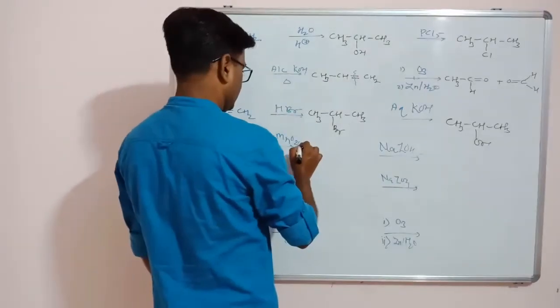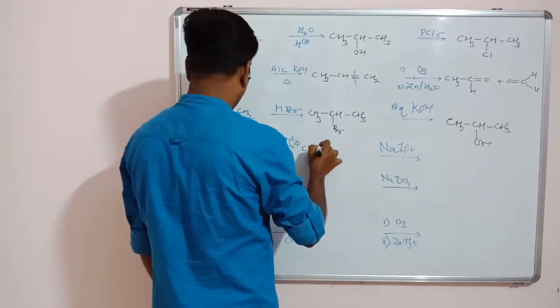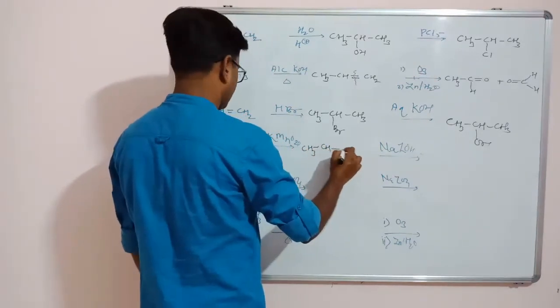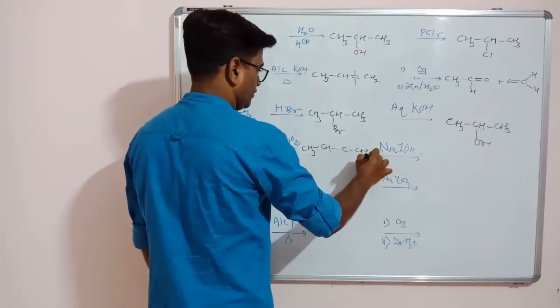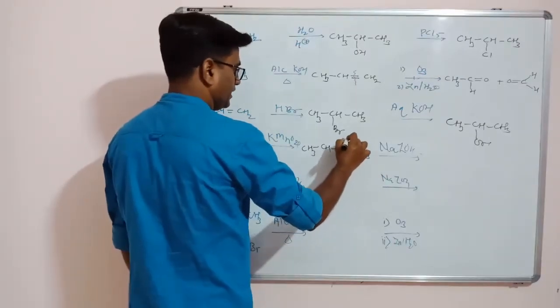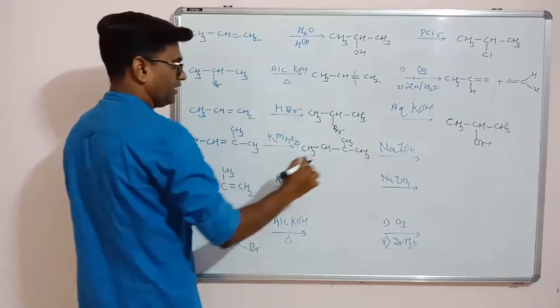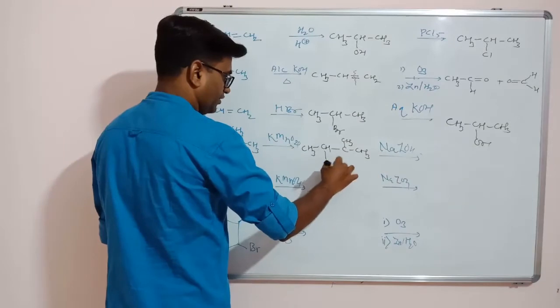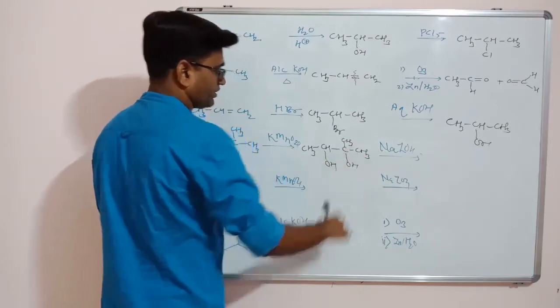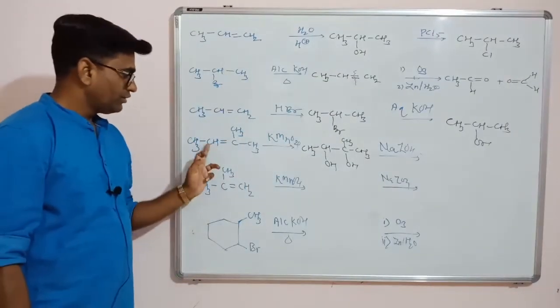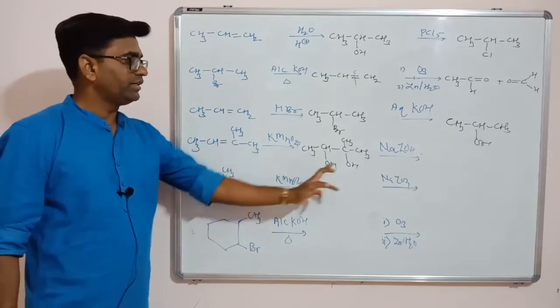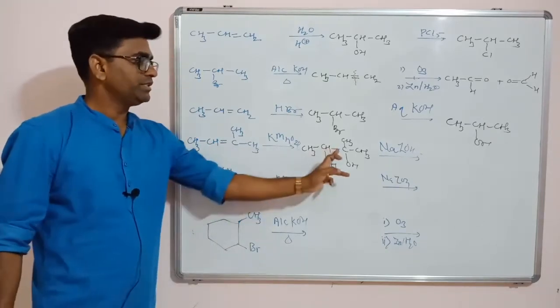So see the product, CH3 CH, double bond becomes single bond, CH3, here will be CH3, this previous one, this carbon will get hydroxide, this carbon will get hydroxide. So each double bonded carbon will get one hydroxy group, double bond becomes single bond.